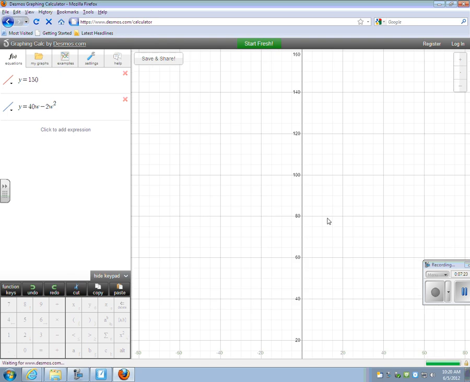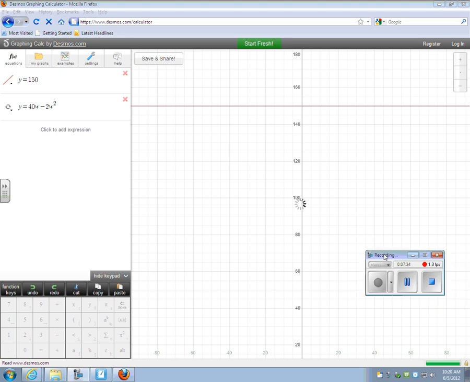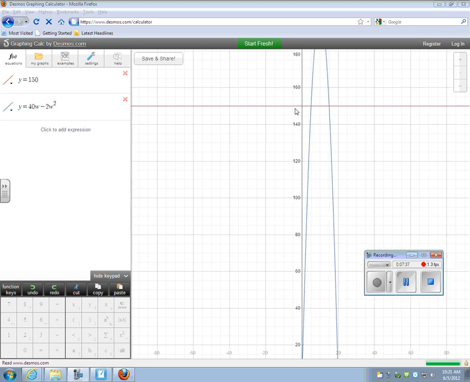Okay, we're getting close to 150. So there's y equals 150, and 40W minus 2W squared is still graphing. I'm going to press pause, and once my computer starts working, oh, there we go. Okay, so I want this intersection point, and it looks like that happens when x equals 5.1 and when x equals 14.4.